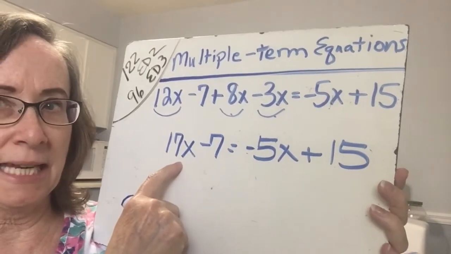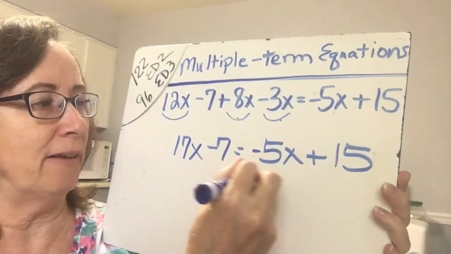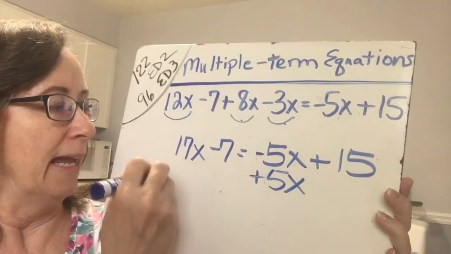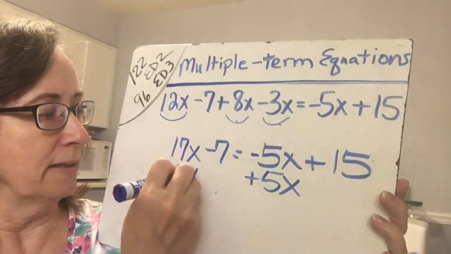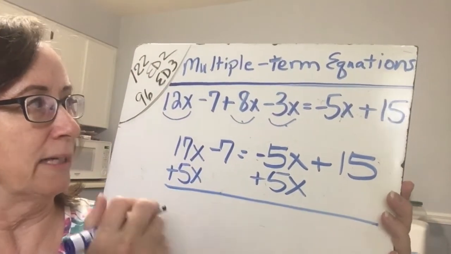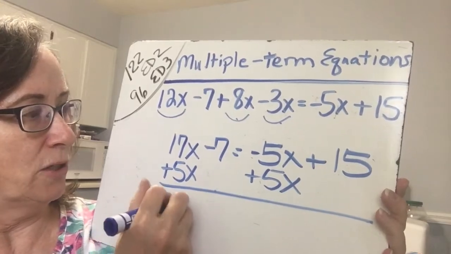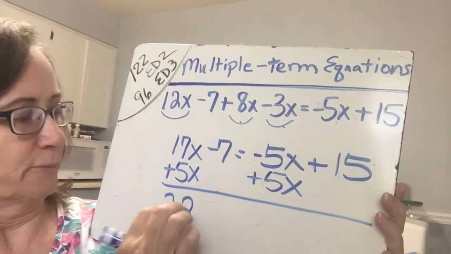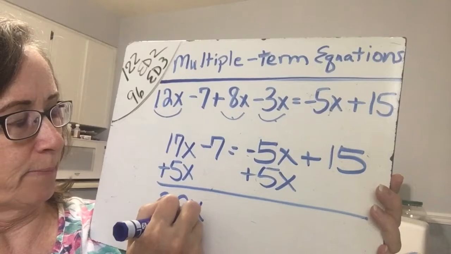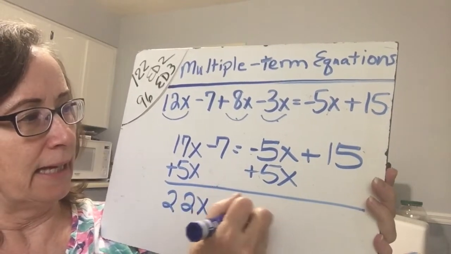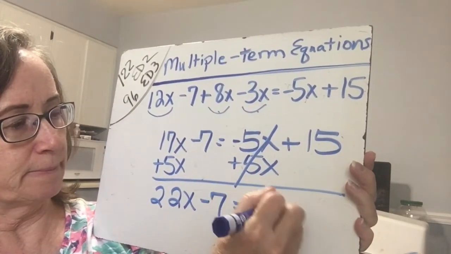Since we have a 17x over here, let's just go ahead and add a 5x and add a 5x over here. That's going to give us a 22x minus the 7 equals 15.